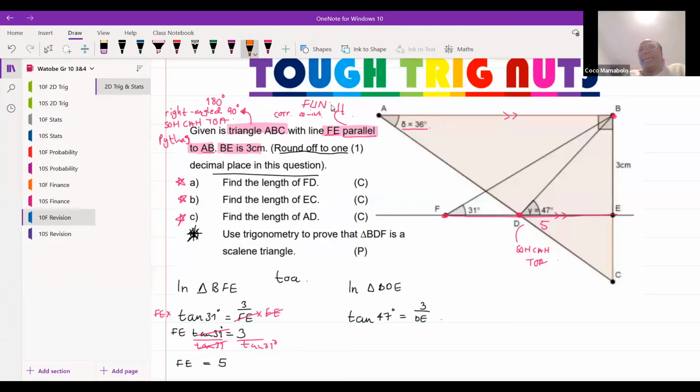Then we multiply both sides by DE. Those two will cancel.